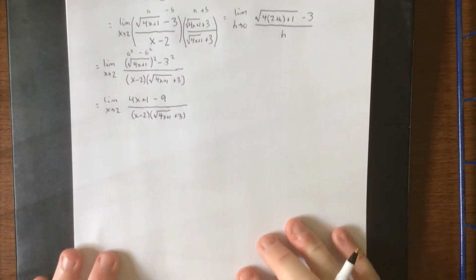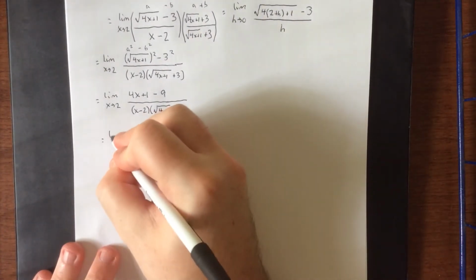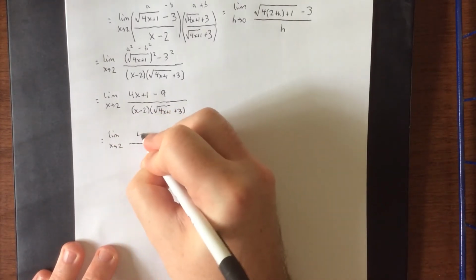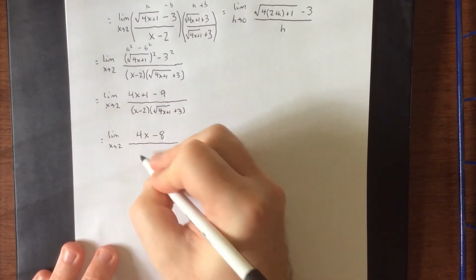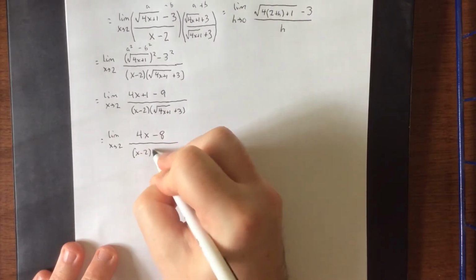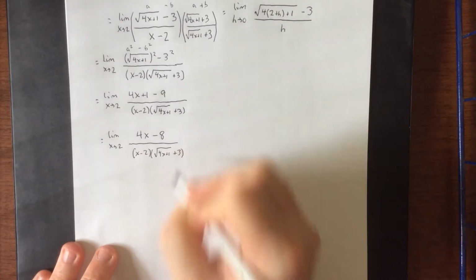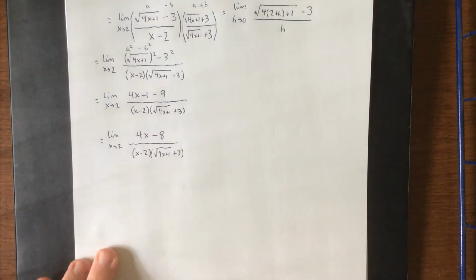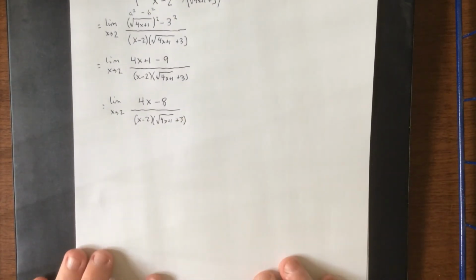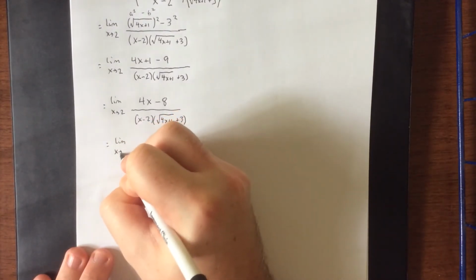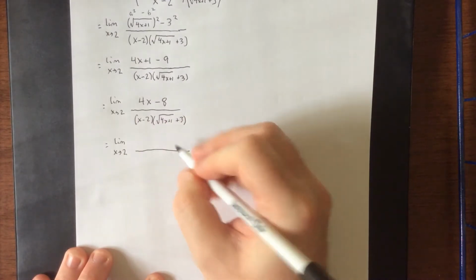Combining like terms in that numerator, we get the limit as x approaches 2 of 4x minus 8 over x minus 2 times the square root of 4x plus 1 plus 3. Good news here is we have a greatest common factor in the numerator that can be pulled out, and we do so.